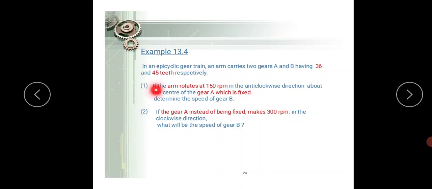Condition 1: the arm rotates at 150 rpm in the anti-clockwise direction about the center of gear A, which is fixed. Determine the speed of gear B. Condition 2: instead of being fixed, gear A makes 300 rpm in the clockwise direction. What will be the speed of gear B?